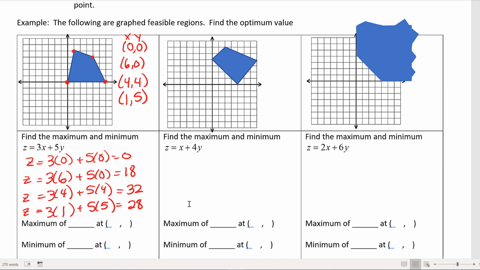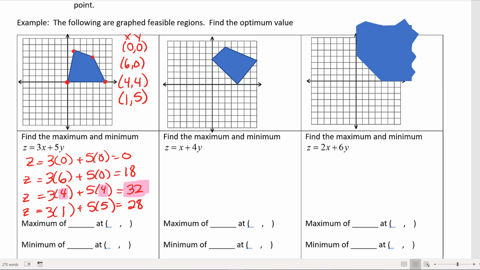All of these outputs of my optimizing function are going to identify if I have a maximum or minimum. In this particular problem, I have a max of 32. Where did it occur? It occurred at the point 4, 4.